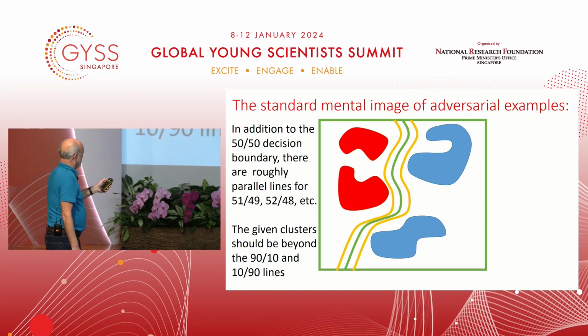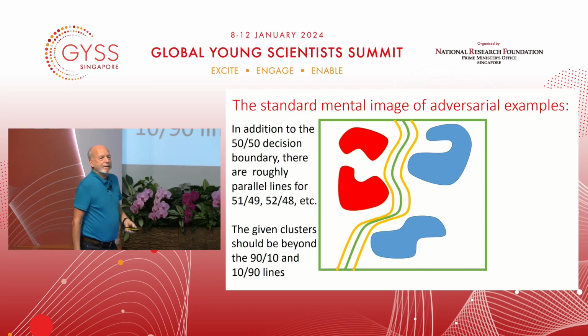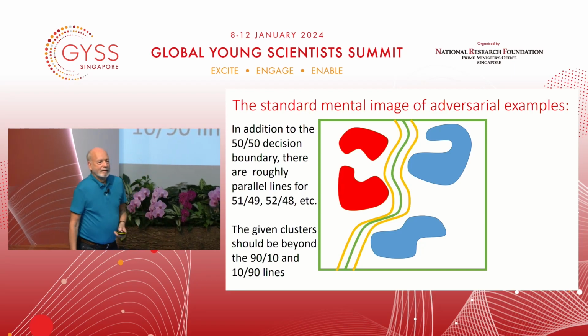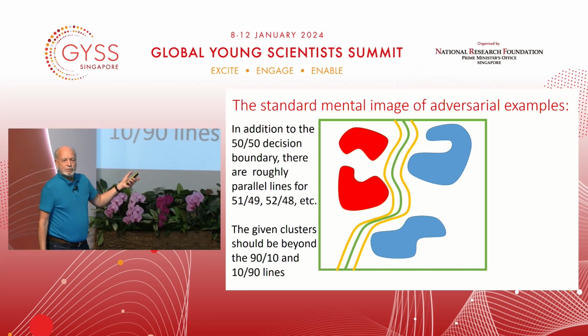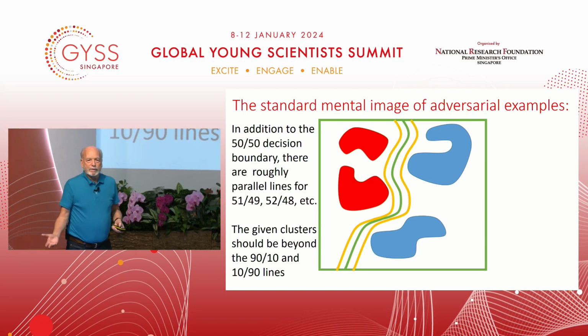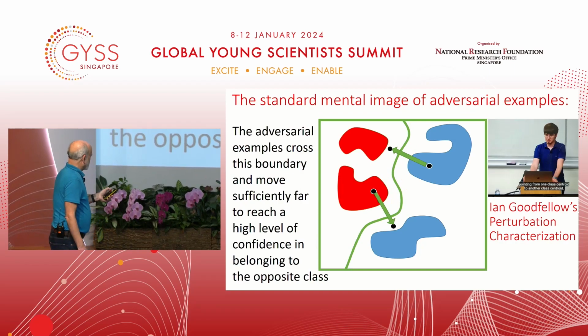As you get further and further in this direction, you become more and more confident that it was a cat, and you place all the training examples above the 90% confidence level of the correct class. So I hope it is clear what is the mental image which is usually taught about how networks are trained, and now what is the meaning of adversarial examples. You start from an image of a cat, and you perturb it so that it will move in the direction of the decision boundary.